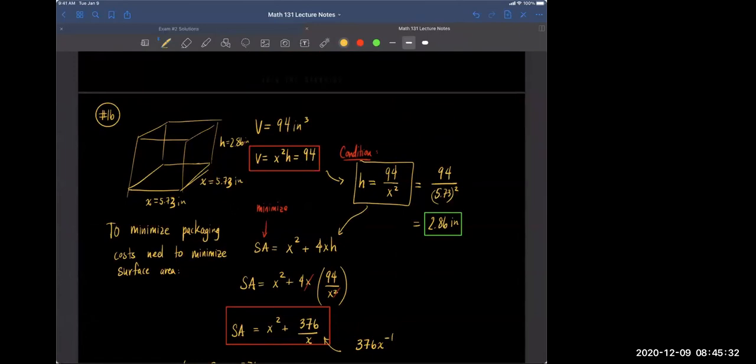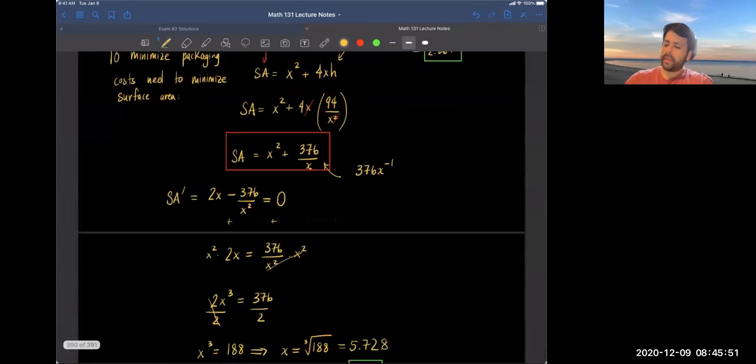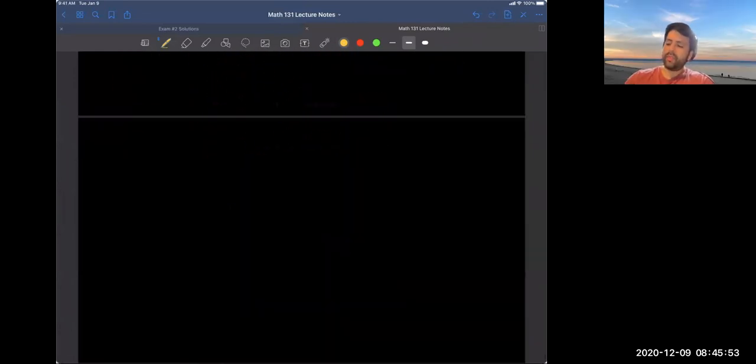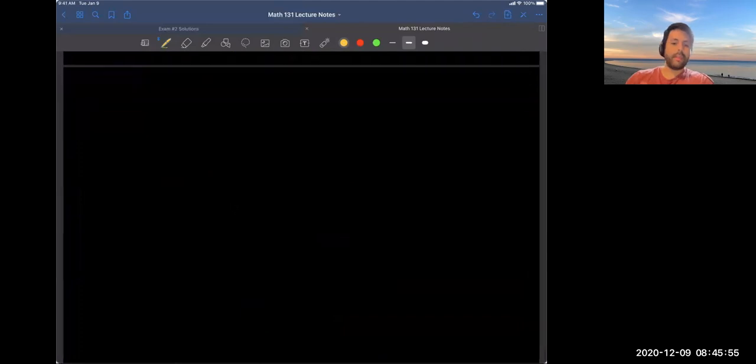So any other questions about the homework? If not, let's continue with what we were doing last time. We're finding the derivatives of exponential and logarithmic functions.